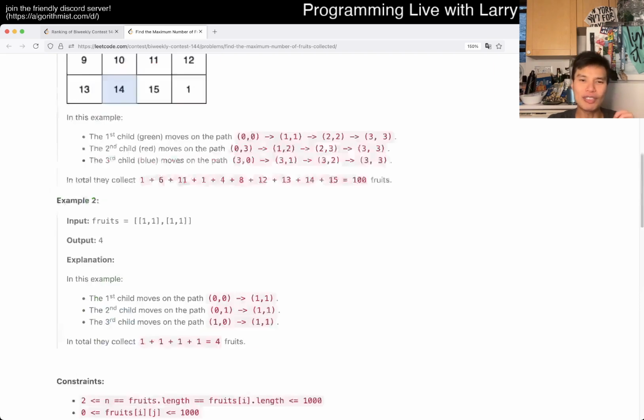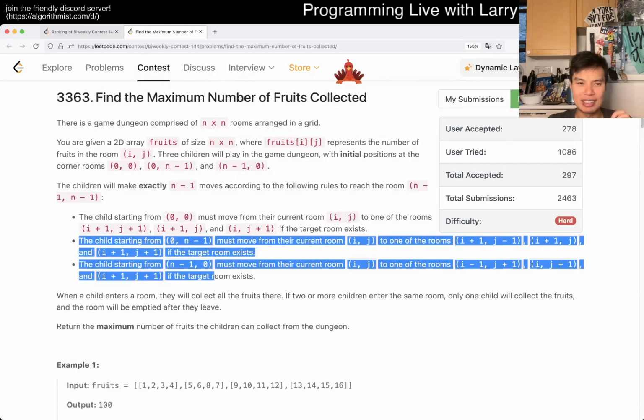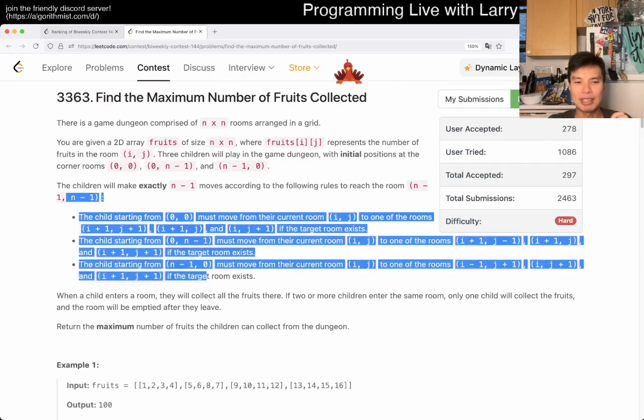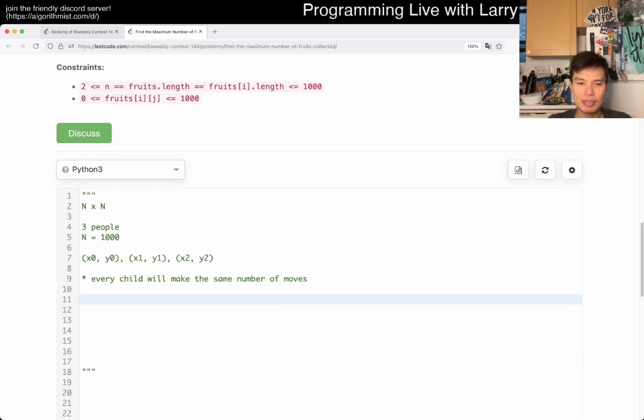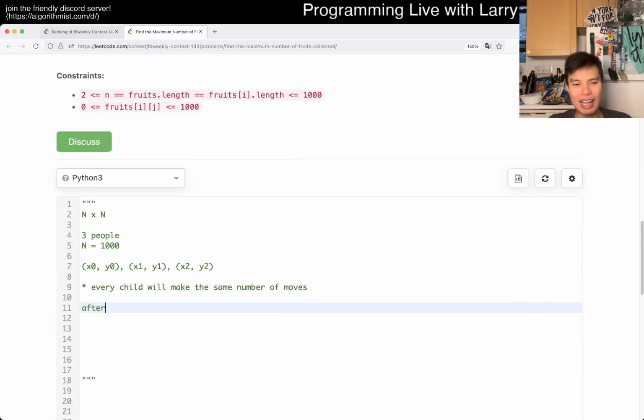So then the first thing I did was look at these steps: after k moves, where is each child, right?